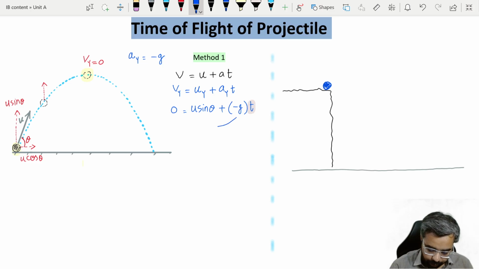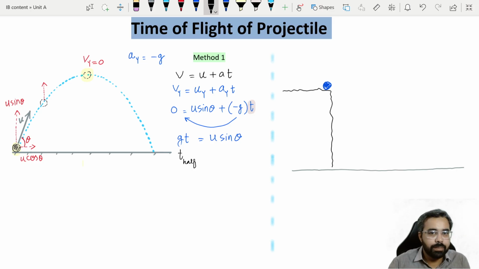If we move it to the other side of the equation, that will be positive g t equals u sine theta. So you can also say it's a half time, because the ball will take exactly the same time on the way down, since this is a uniformly accelerated motion. And an interesting thing: if you see the ball's position at the same level, the ball will have the same vertical speed, but the direction is downward.